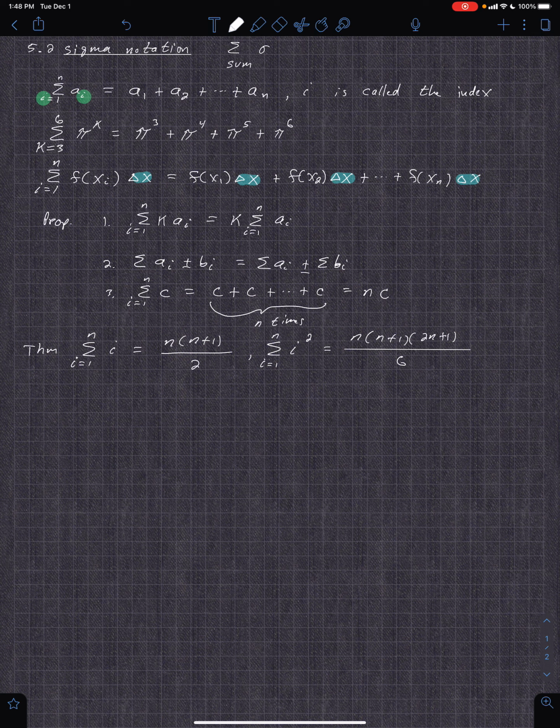Okay, so that's the summation notation. There's more to see, but not a lot to really go over there. Let's get to what we're getting at. This is section 5.3 as well. So 5.3 is sigma notation and the definite integral, and we're kind of doing these together.